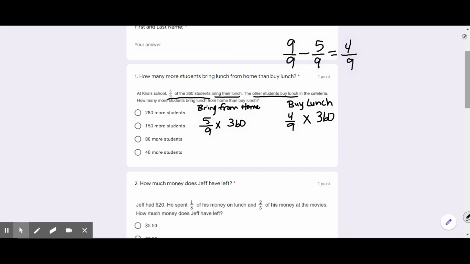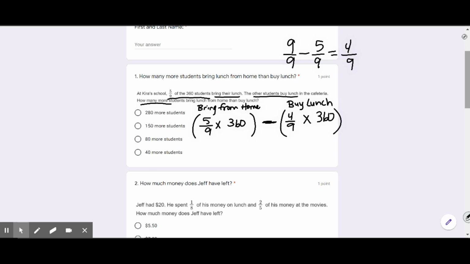So now we're taking this amount and this amount, and we're subtracting them because it said how many more. How many more means subtract. So now we have our equations. We'll have to solve our multiplication of a fraction and a whole number, and then subtract them.